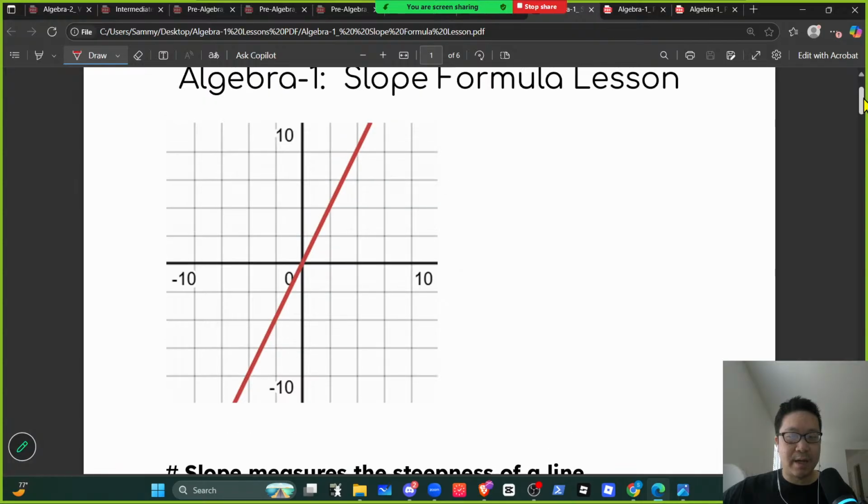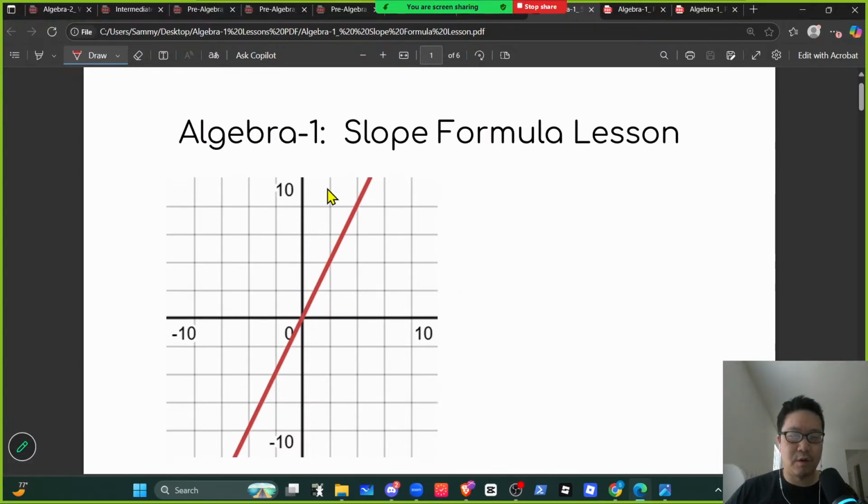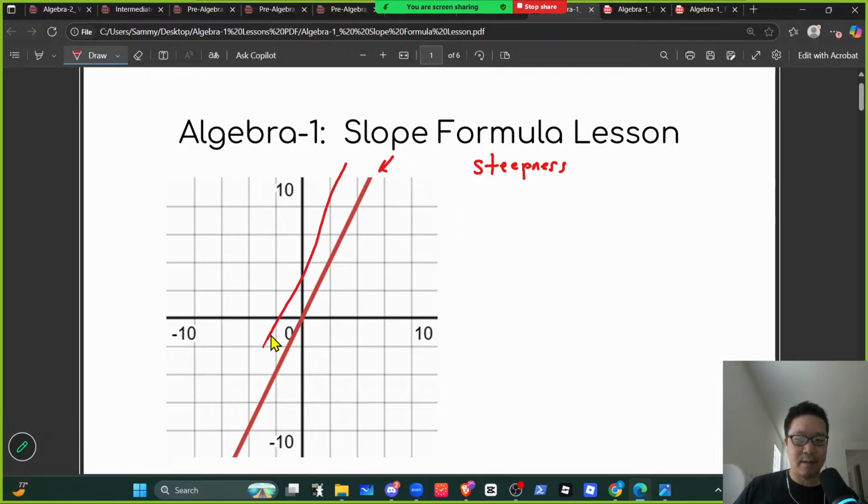Okay, so this is a line to demonstrate slope. So slope represents steepness of a line. In other words, the angle relative to the horizontal plane, how great the angle is. So here's our typical line right here.